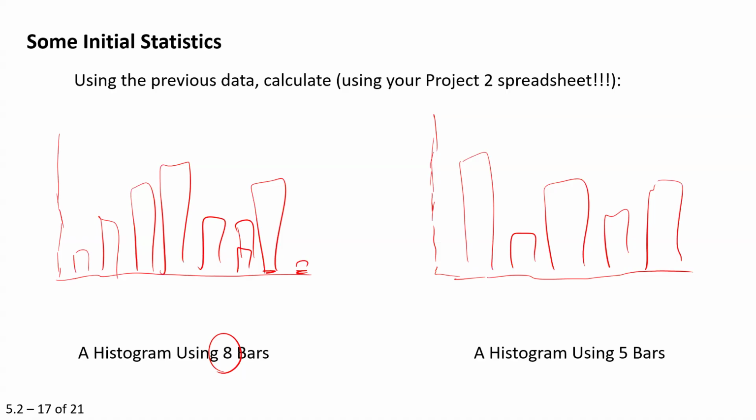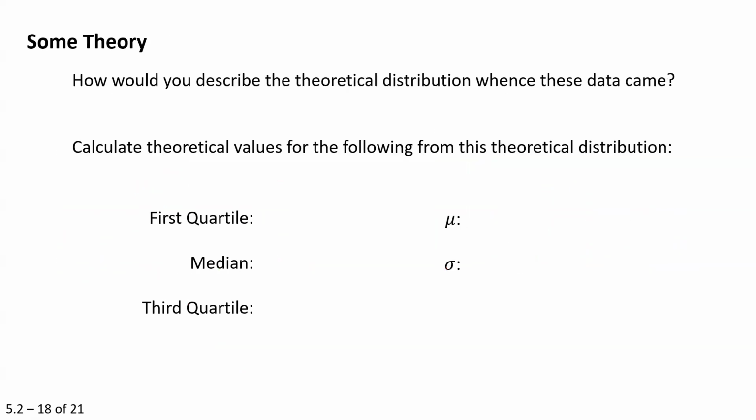So things kind of smooth out, don't they? But theoretically, what should they be? It's from a uniform distribution. Uniform, exactly. That's right.